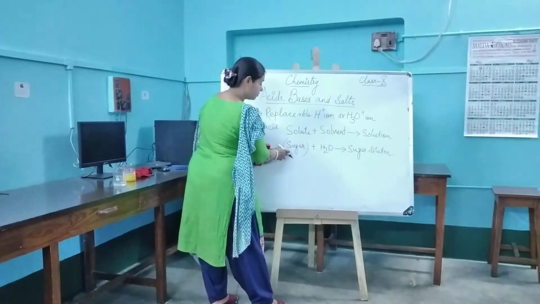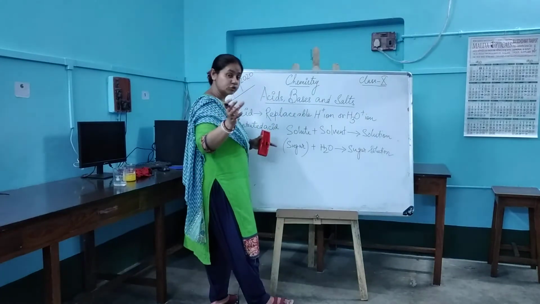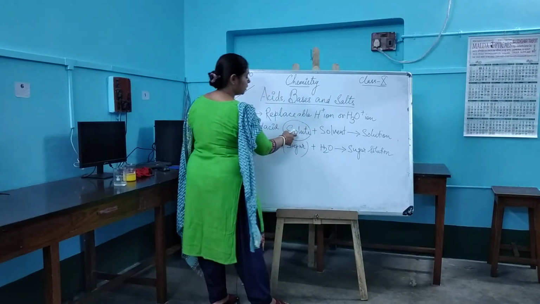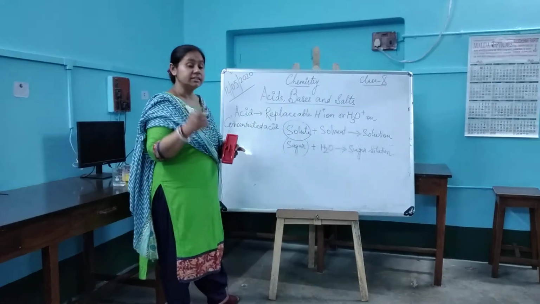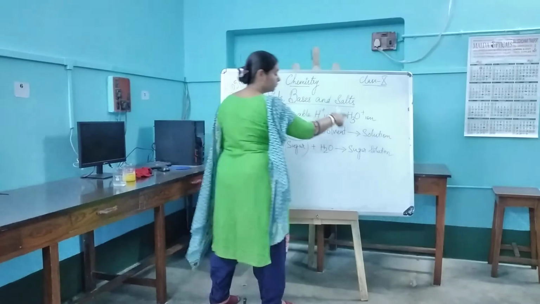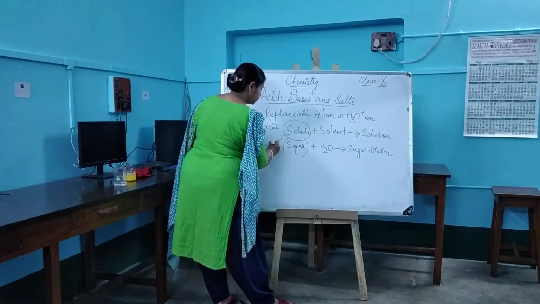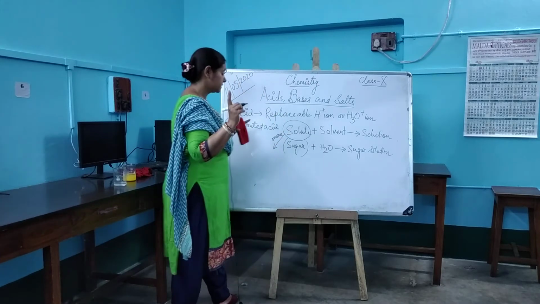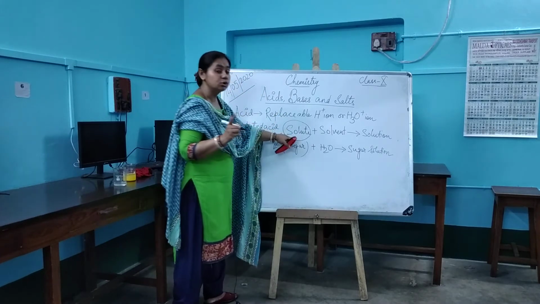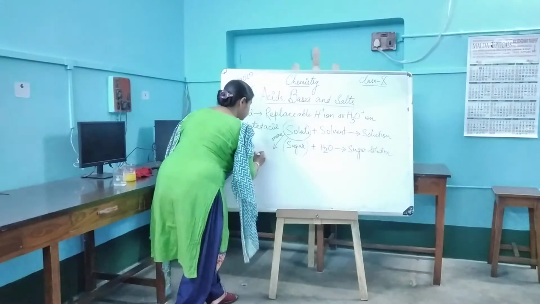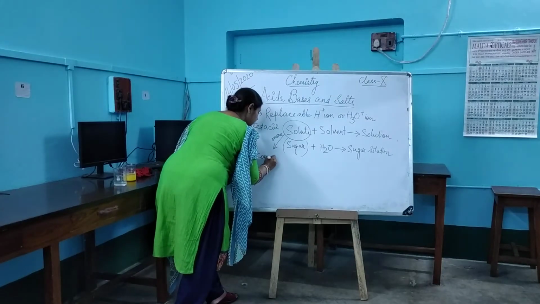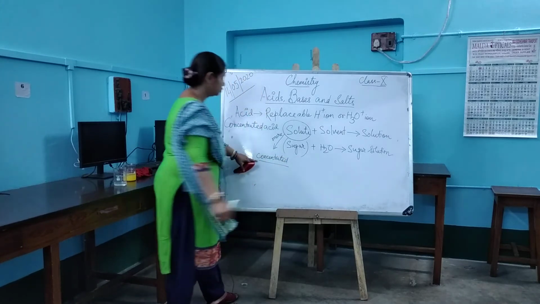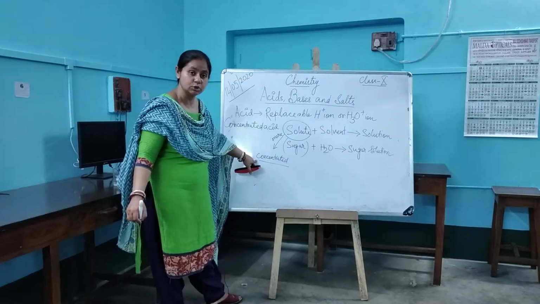If you increase the amount of sugar, that means if you are increasing the amount of solute, then the solution will be concentrated. Look very carefully, this is very important. If solute is more, then the solution will be concentrated. We will call that a concentrated solution.